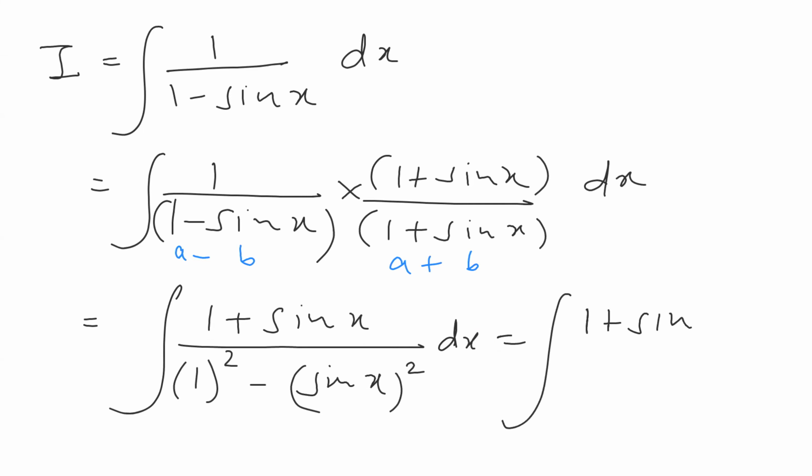So 1 plus sin x upon 1 minus sin square x dx. Now what is 1 minus sin square x? 1 minus sin square x is cos square x.